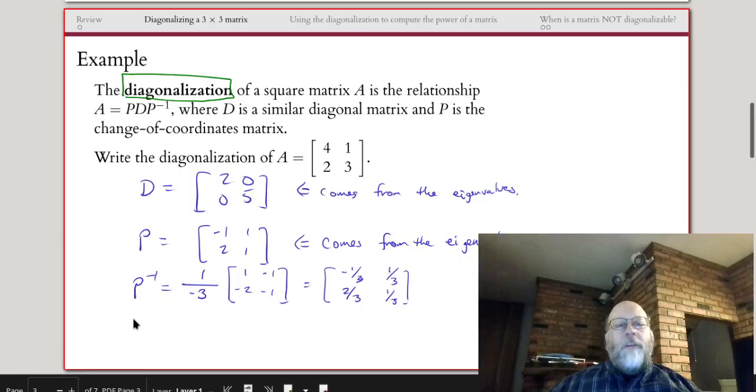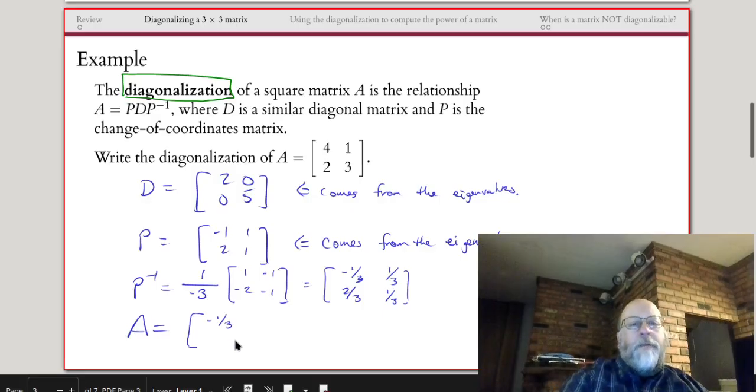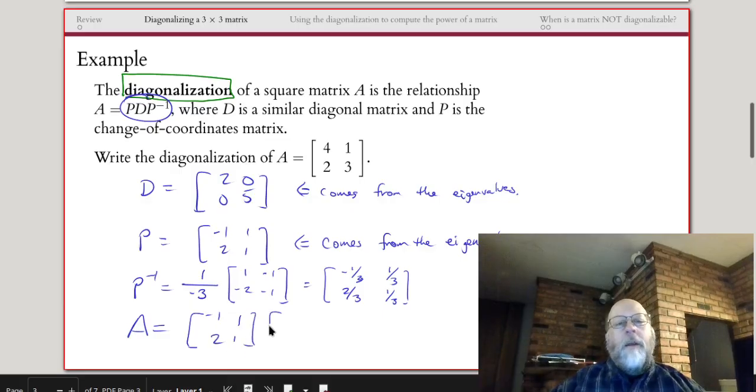The original matrix A is equal to... sorry, P comes first, not P inverse. P and then D and then P inverse. So 1, -1, 1, 2, times 2, 0, 0, 5, times P inverse, -1/3, 1/3, 2/3, 1/3.